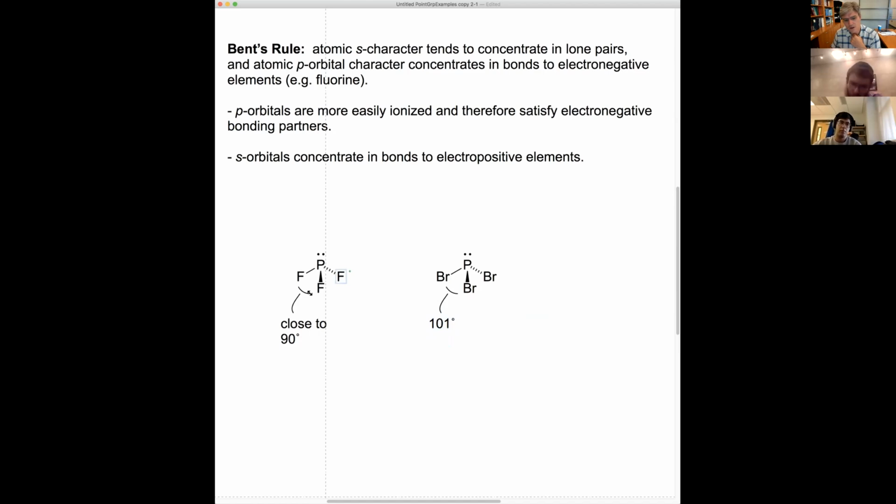Okay. So if this angle here is close to 90 degrees, what does that say about the hybridization in this compound? An angle close to 90 degrees here implies that the phosphorus is using p orbitals in making bonds to fluorine, right? So the fact that the angle is so sharp here is a consequence of Bent's rule. It also says that this lone pair up here is almost pure s.